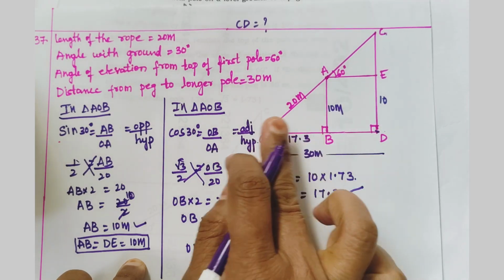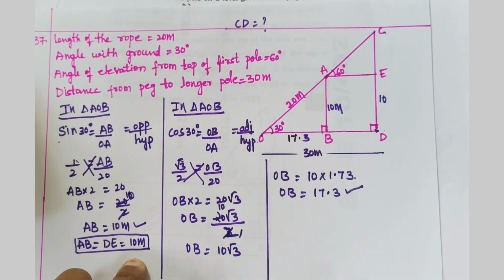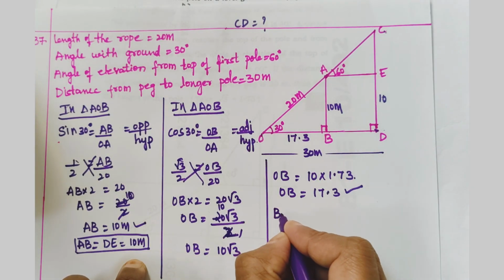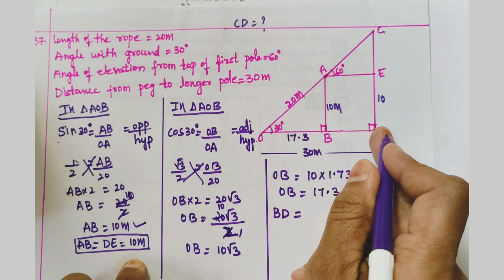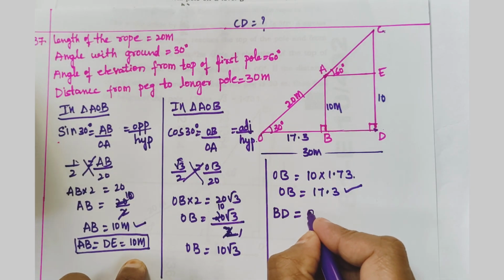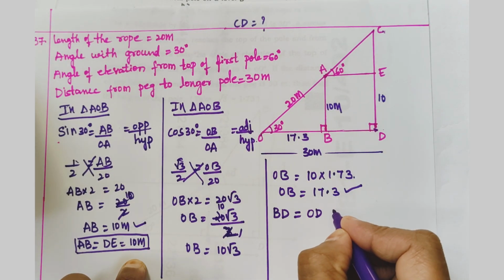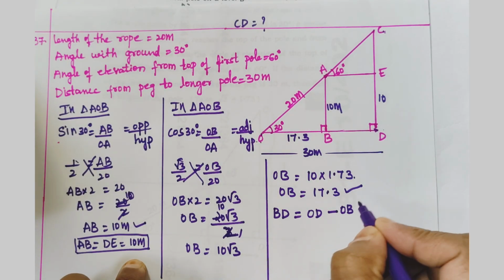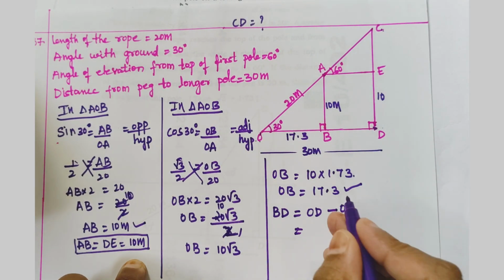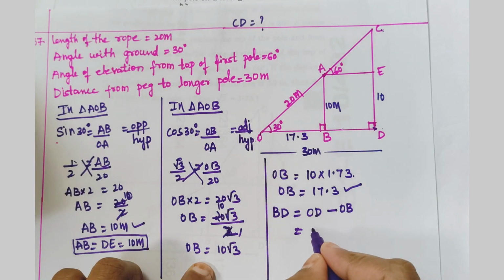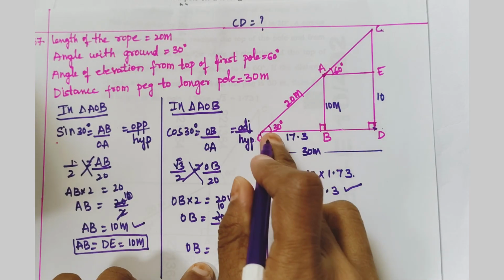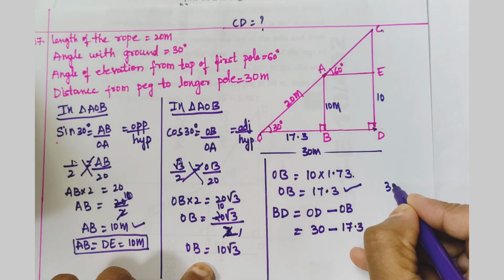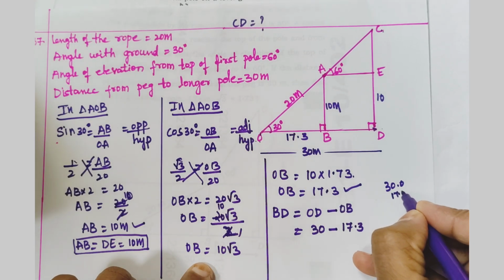OD distance is 30. This full distance minus OB will give us BD. So BD is equal to OD minus OB, which is 30 minus 17.3.